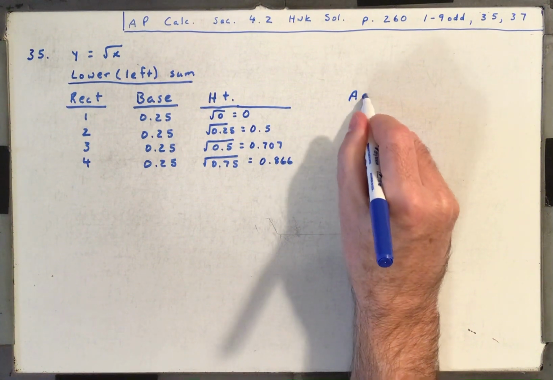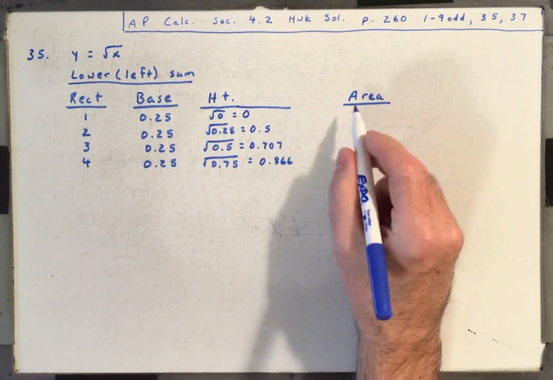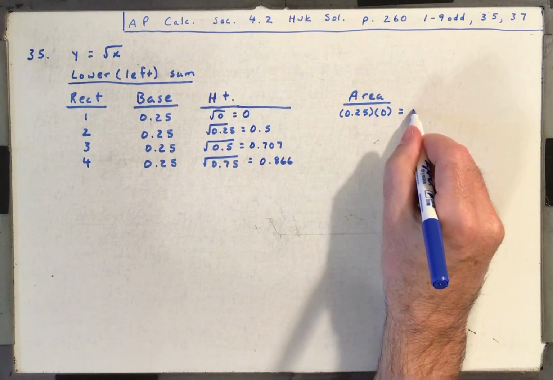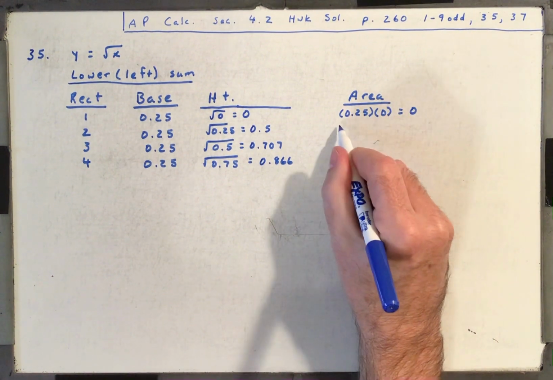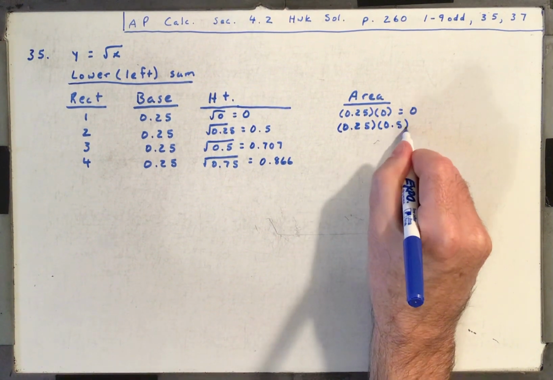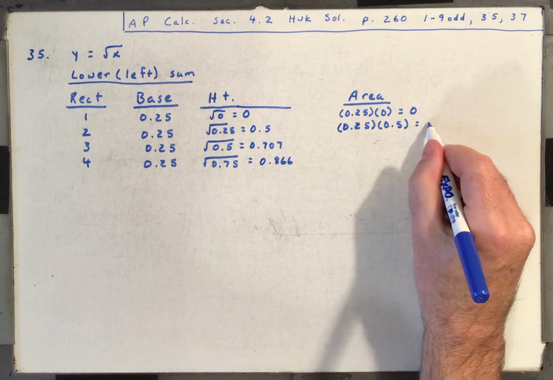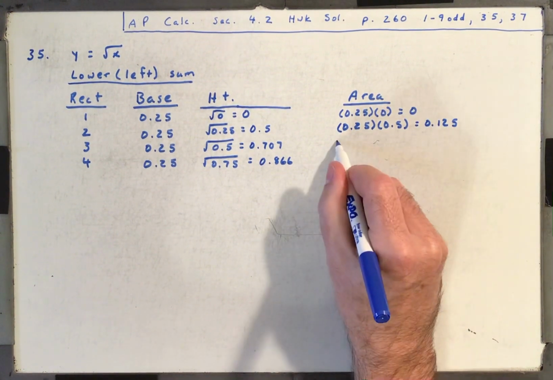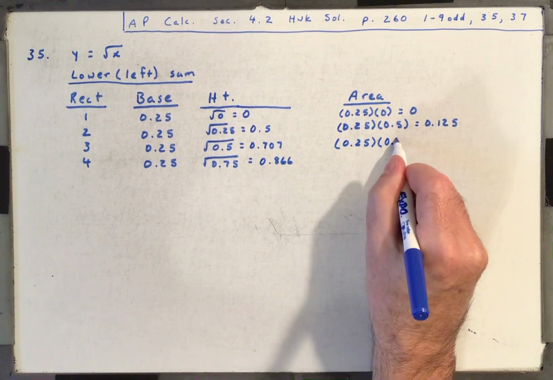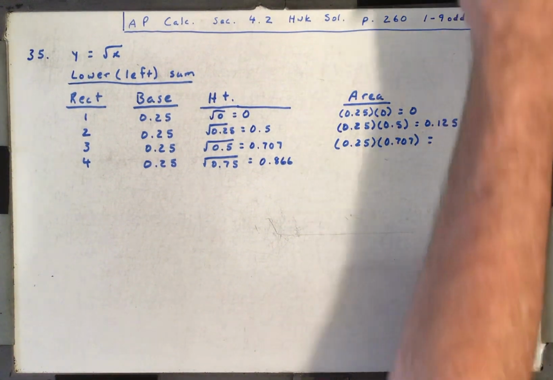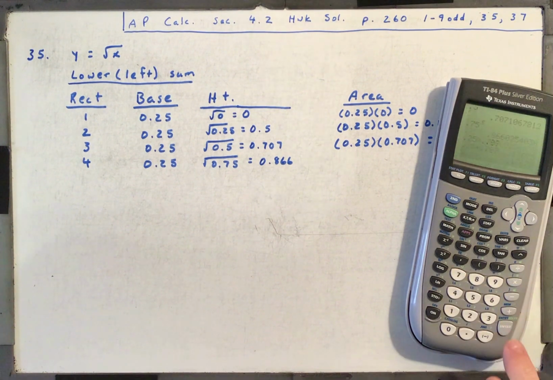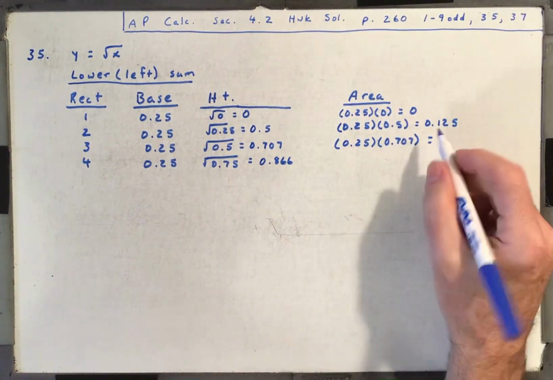So the area is base times height. So we would have 0.25 times 0 for our first rectangle. That's 0. For the second one, it would be 0.25 times 0.5, right? Base times height. So that'd be 0.125. For our third rectangle, it's 0.25 times 0.707. So that is 0.177.